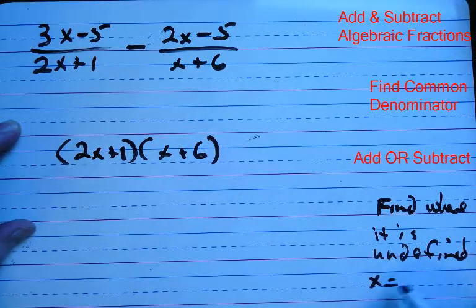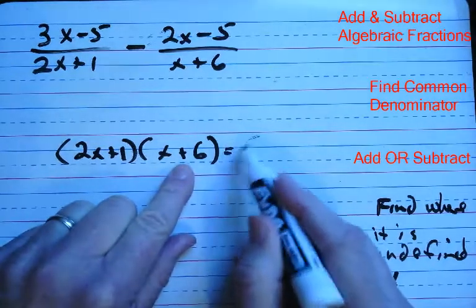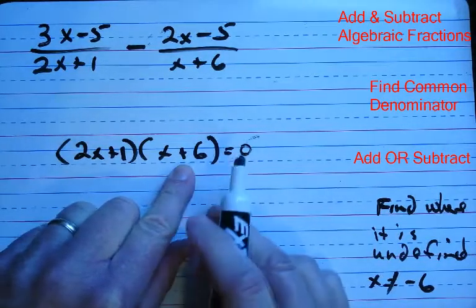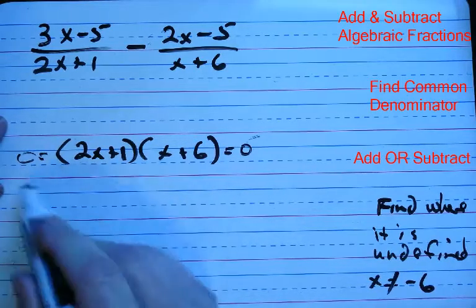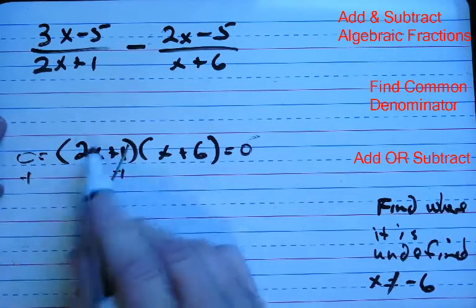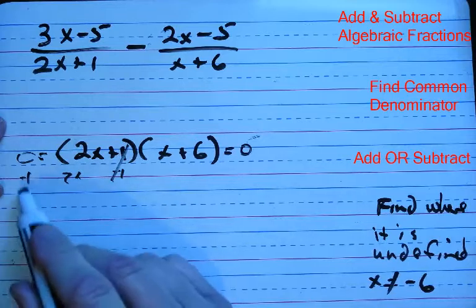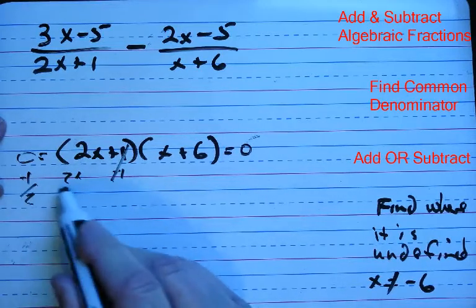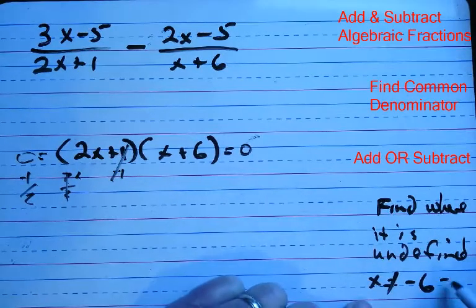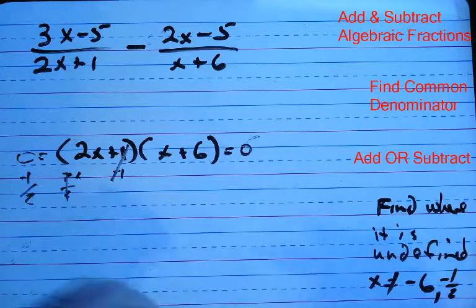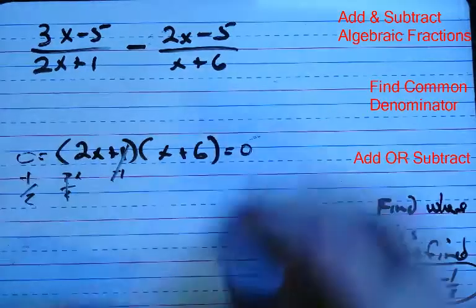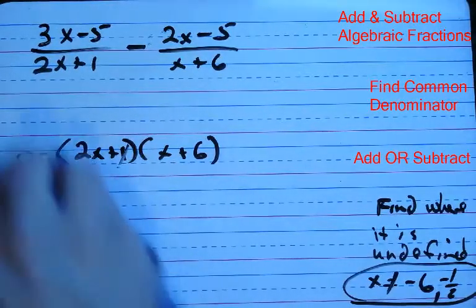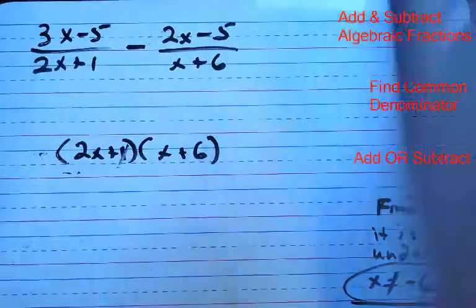So, what does not work? Well, obviously, negative 6 doesn't work, huh? Now, over here, what makes this side equal 0? Well, you have to subtract the 1, and then divide by 2. So that would be negative 1/2. Right? So negative 1/2 does not work either. So what makes it undefined? If that's the denominator, then that's what makes it undefined. Negative 6 and negative 1/2.